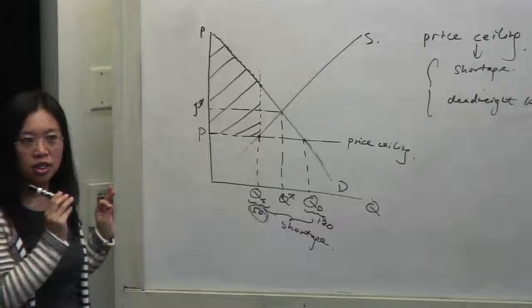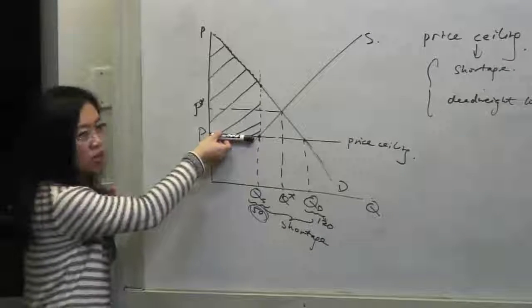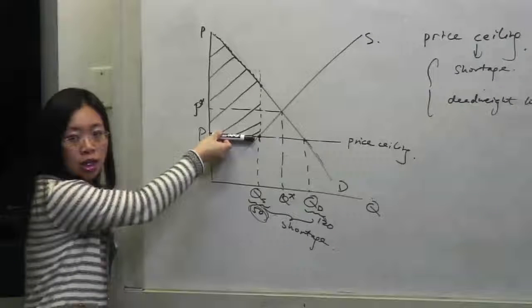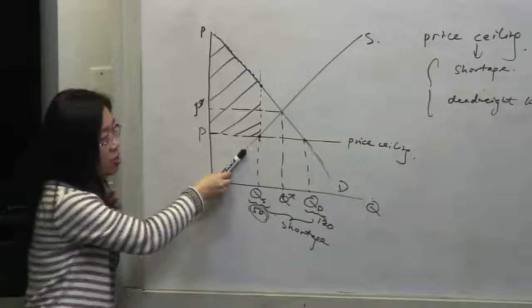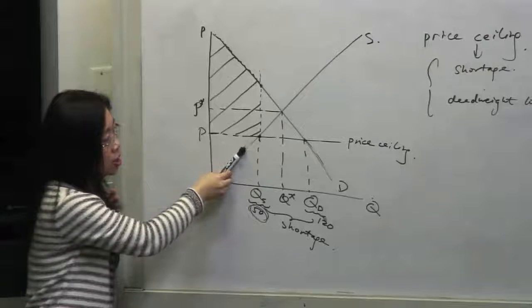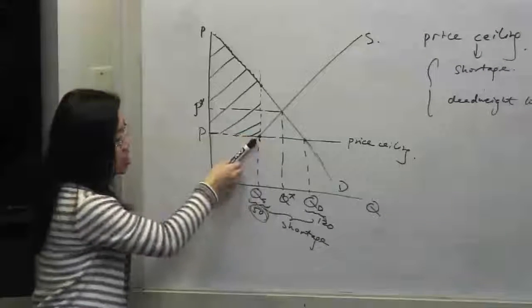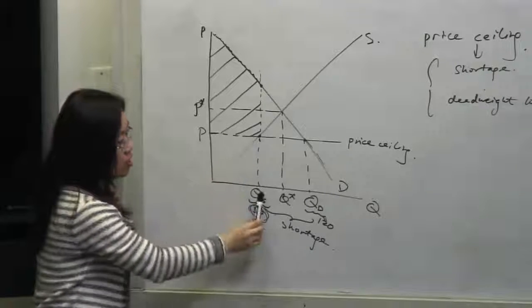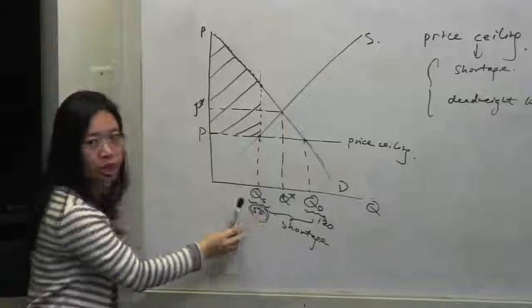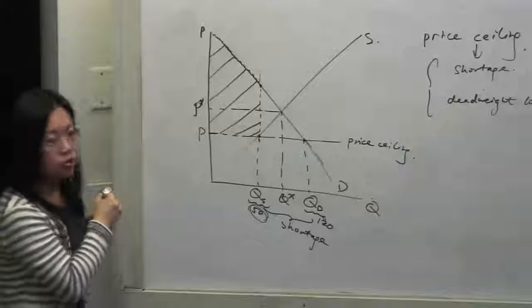Market price is right here, right? Where's the supply? This is supply, right? This is price. This is supply. The area between the market price and the supply for this much quantity traded. So which area?